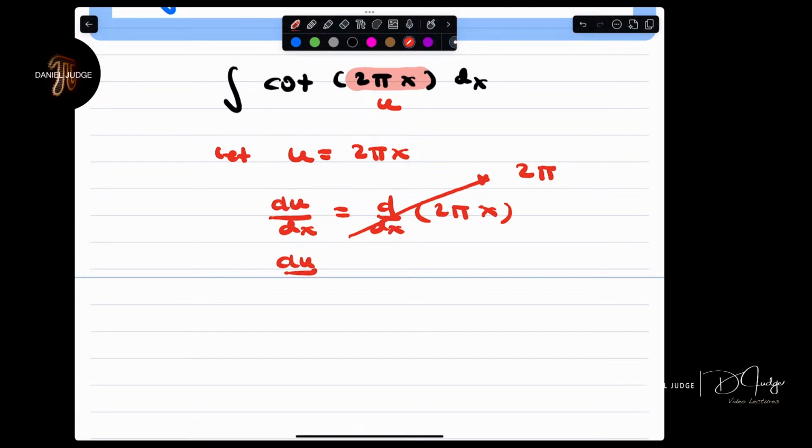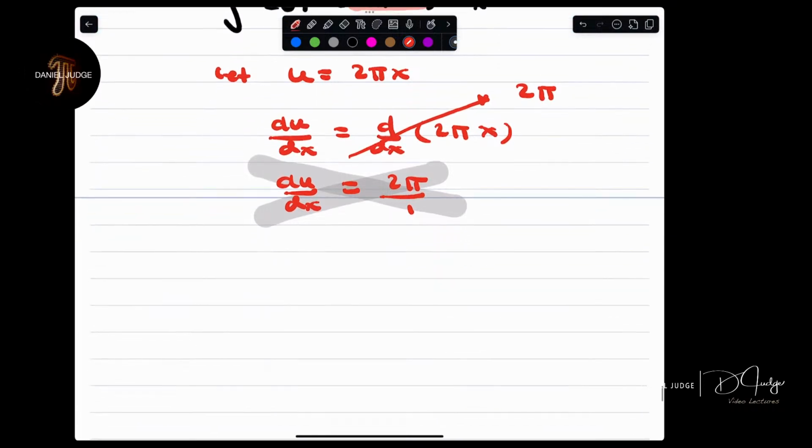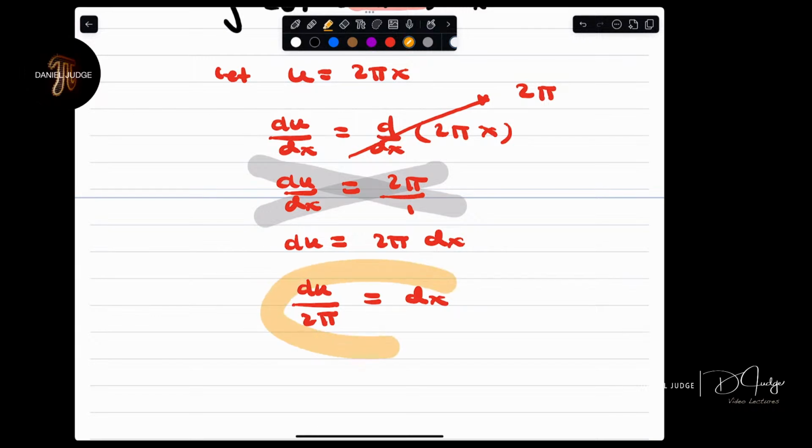So your du dx becomes equal to 2 pi. We'll put that over 1 because we're going to solve for dx. This is a proportion. So you end up getting du is 2 pi dx. Divide both sides by 2 pi, and you get du over 2 pi is dx.